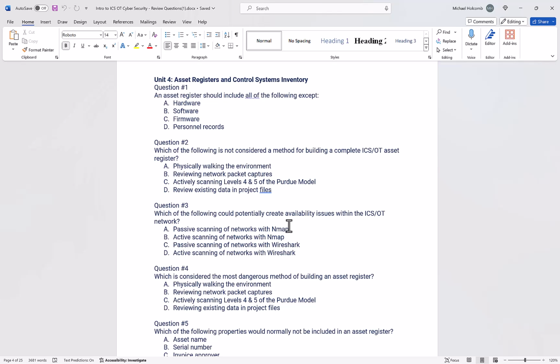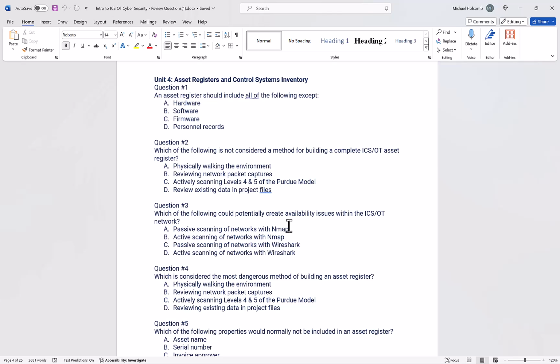So the one thing we're not going to want to track, which hopefully was a dead giveaway, is personnel records. So personnel records, or D, is the one thing we're not going to want in an asset register. We're just tracking information related to the hardware, software, and firmware, like the version and type of those assets in the environment.